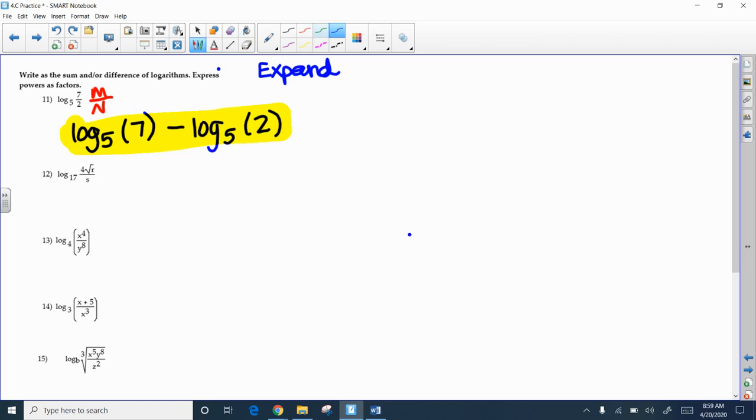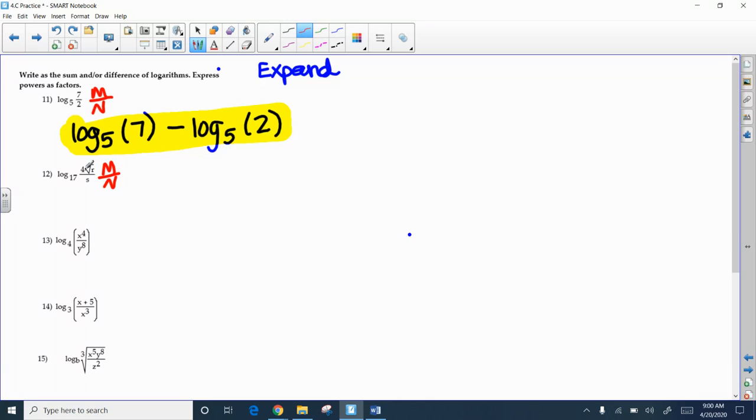All right, if we look at 12, this actually has 3 different terms, the 4, the square root of r, and the s. So when I'm done, I should have 3 separate logarithms. But for now, I'm just going to do one part at a time. So here we have log base b. This is in the form m divided by n.